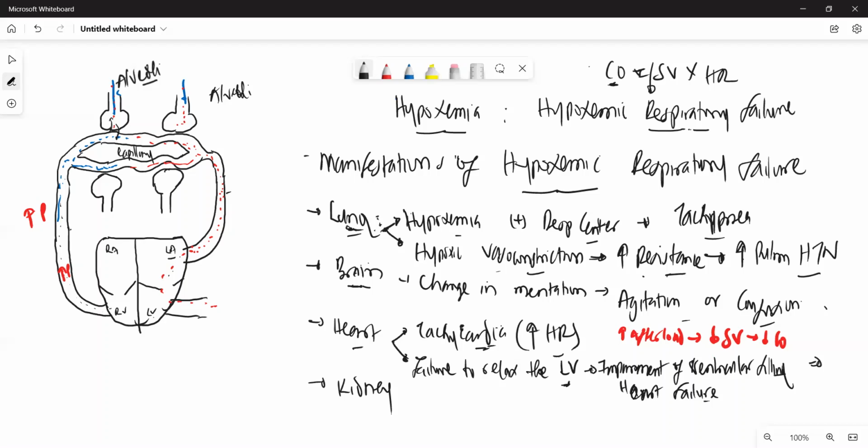And that's why patients with things like obstructive sleep apnea, untreated sleep apnea, or untreated hypoxemic respiratory failure can also develop heart failure.